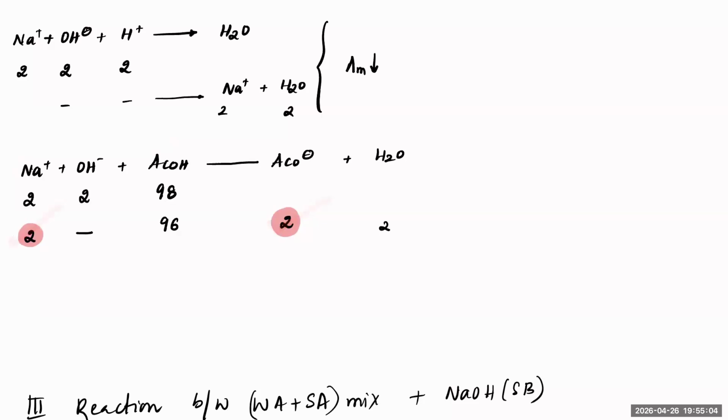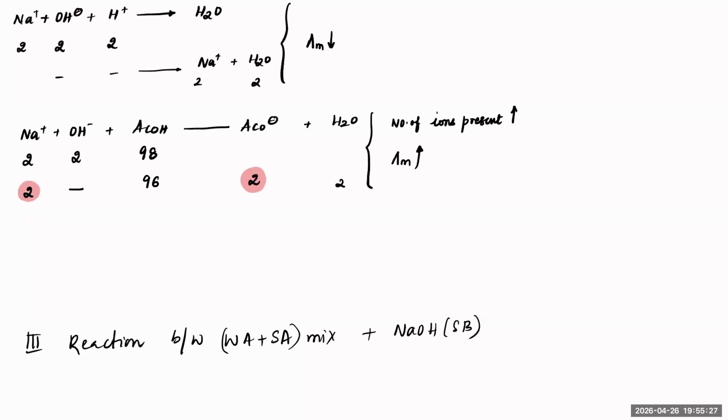So naturally, over the period of the titration, the number of ions present is increasing. And as the number of ions increases, everybody, lambda m value will start increasing. So that's how the titration works here. Of course, this increment is not very drastic because it is not coming from a very strong acid.